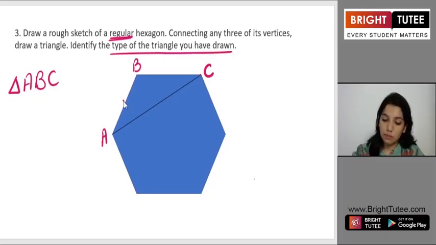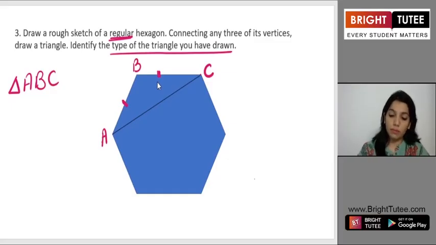What do you think? What type of triangle do you think we have drawn? Clearly we know that this particular side is equal to this particular side. And do you remember how we classify triangles based on their sides? This kind of triangle which has got two sides equal, we call them isosceles triangles.